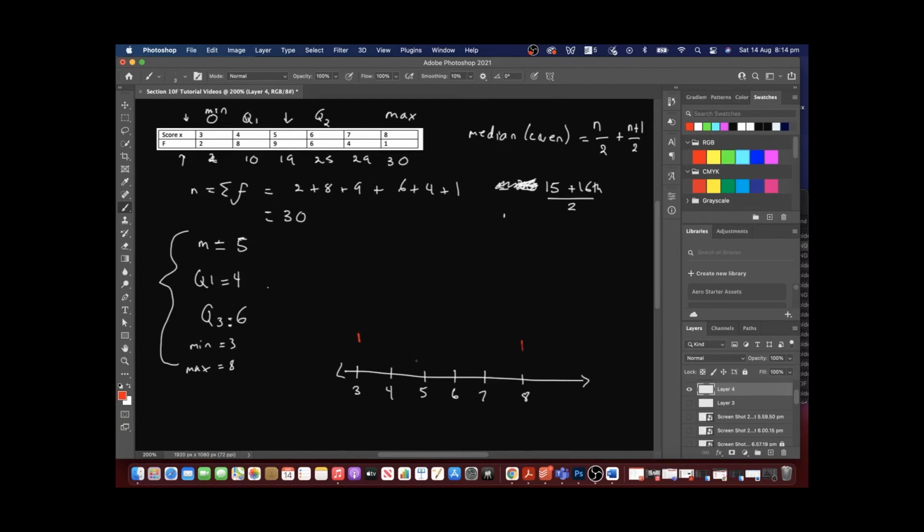And then we need to draw in our box for our quartiles and median. So start out with our quartile 1, and then draw our quartile 3, which is going to be 6. And our median, which is going to be 5.